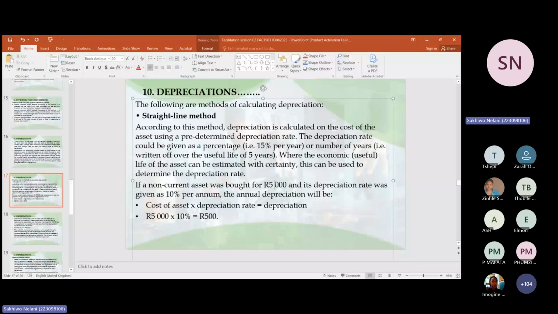Let us put this car at R500,000. R500,000 for this asset. Let us put it here so that it makes sense as a practical example.